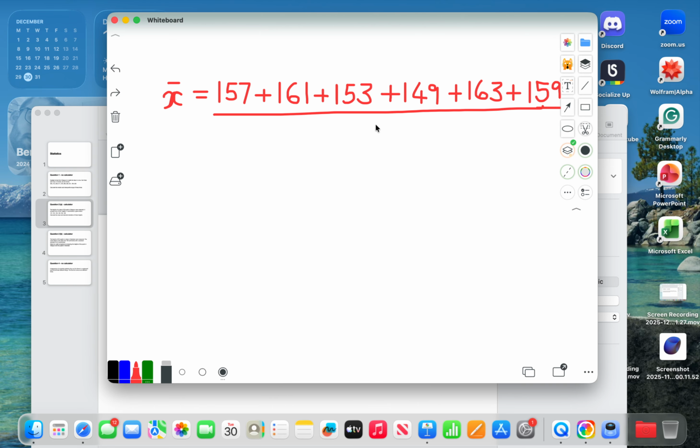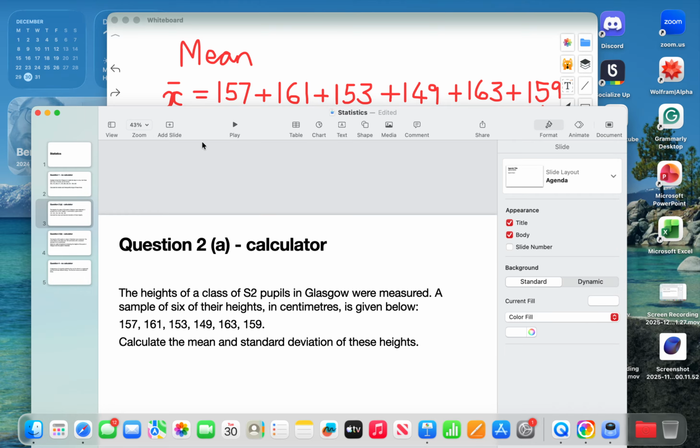So if you divide that all by 6, you then get X bar, the sample mean. That gives us, if you use the calculator, 157 centimeters. Let's make it clear that this is the mean. So the mean is 157 centimeters.